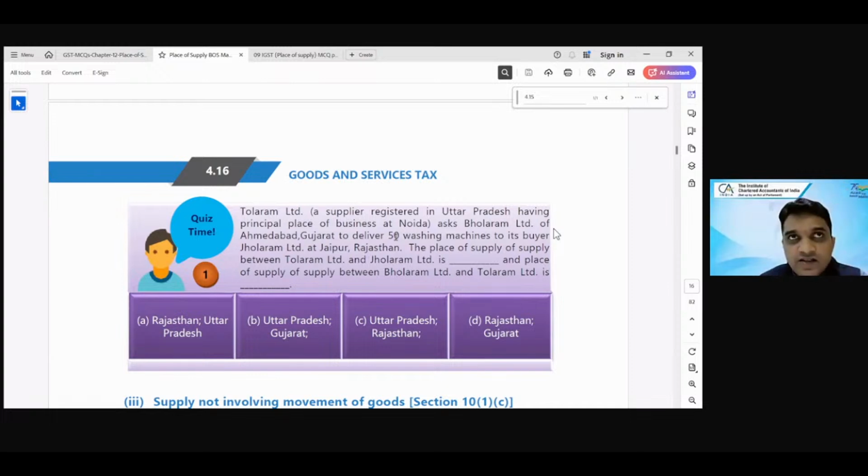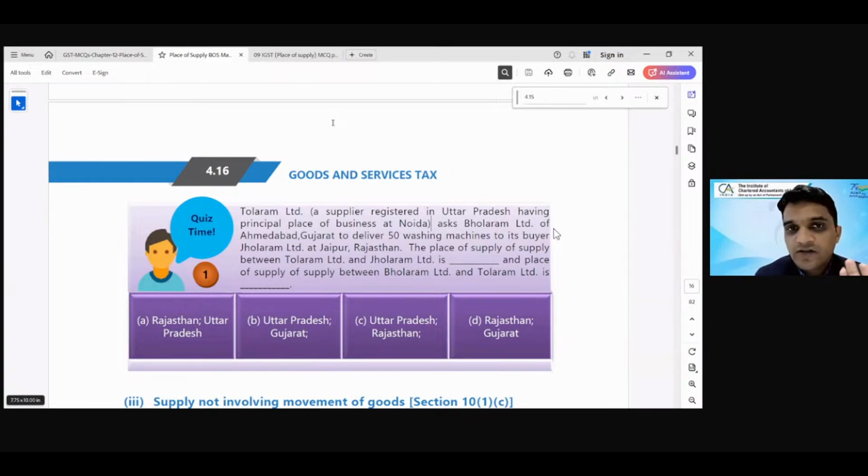So the transaction starts from Bholaram, who is supplying the goods. Bholaram is from Gujarat. He is delivering to Tolaram's buyer. So the flow of invoices will be: Bholaram will bill to Tolaram, and Tolaram will bill to Jholaram. Correct? That is the flow of transaction.